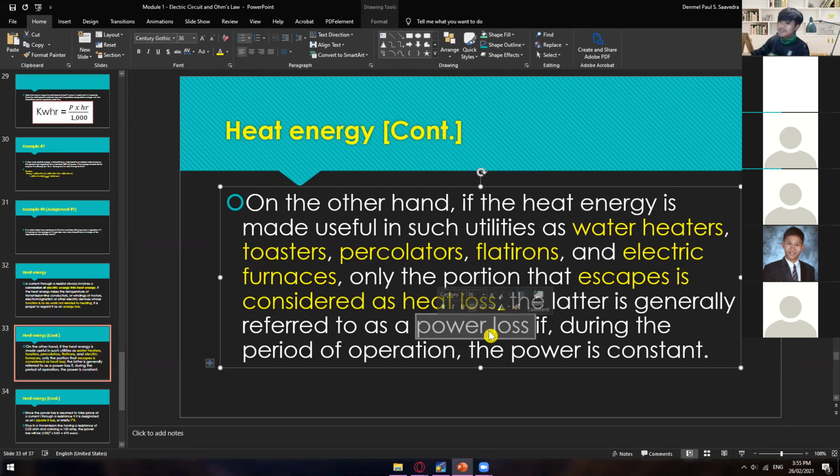You're wasting the electricity that is going to your flat iron, so you were not able to maximize the electricity that is going through it.